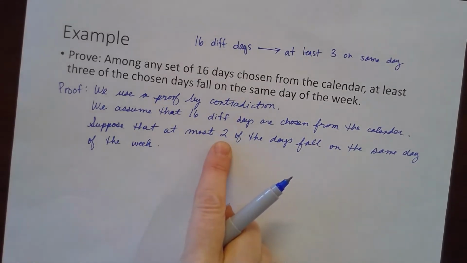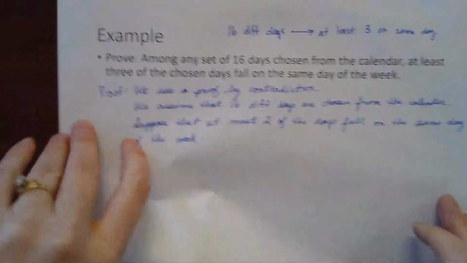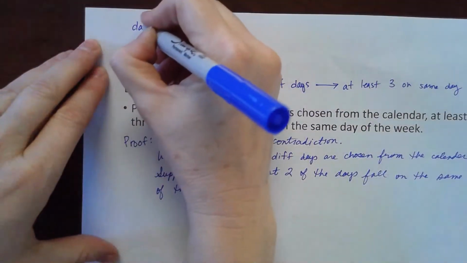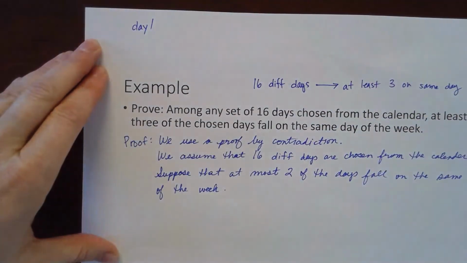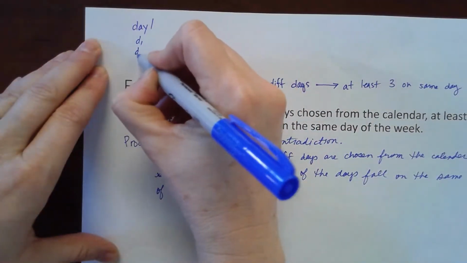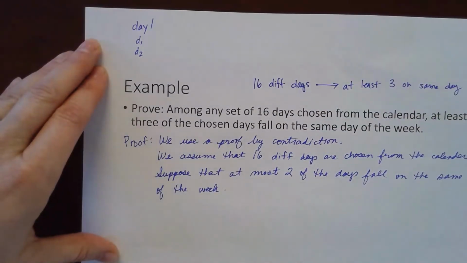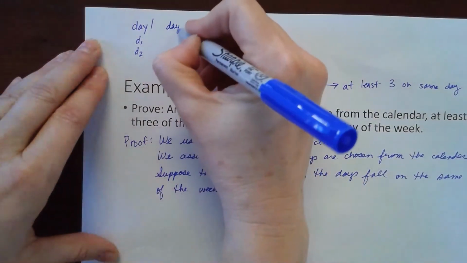But I've got 16 days. Let's write this out. I've got day 1. I can have at most 2 of them there, so I'll put date 1 and date 2 there. That's the maximum. I've maxed that out, so I have to go to day 2.